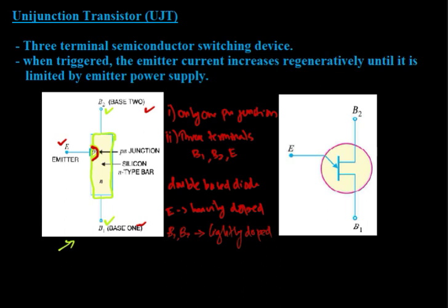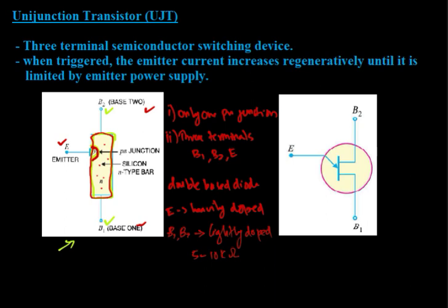So if you consider this base region of this UJT, they are lightly doped, so the carrier concentration of the charge carriers in this base region is very less. So these base terminals, that is B1 and B2 terminals, offer very high resistance, approximately 5 to 10 kilo ohms of resistance when this emitter terminal is open.